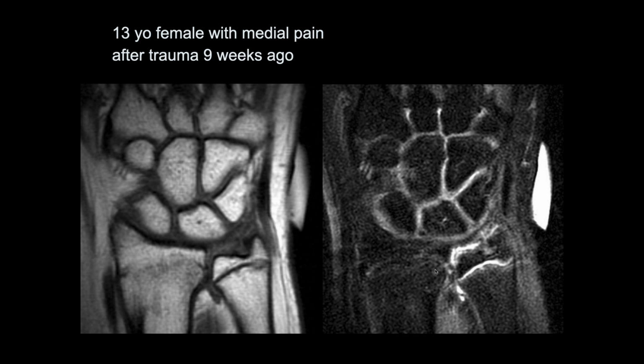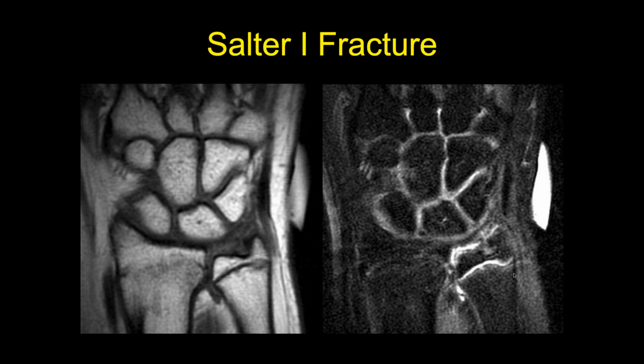Okay. 13-year-old female with medial pain after trauma 9 weeks ago. Again, here there's some increased fluid signal intensity along the physis of the distal ulna, and I'm concerned this may be a Salter-Harris 1. Some of these can be very subtle.